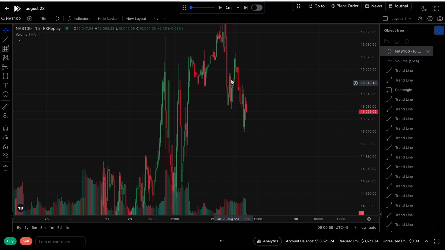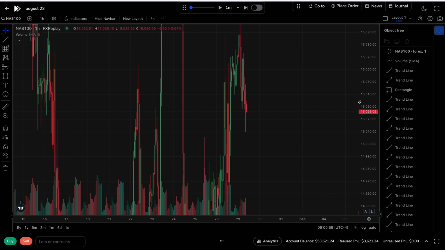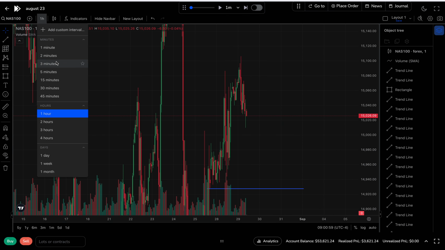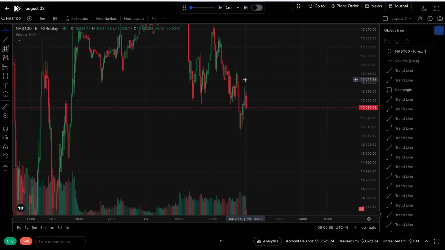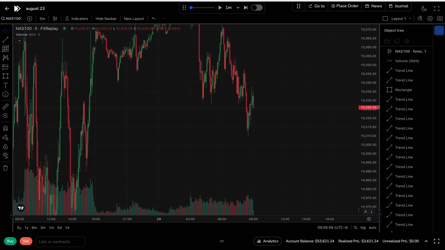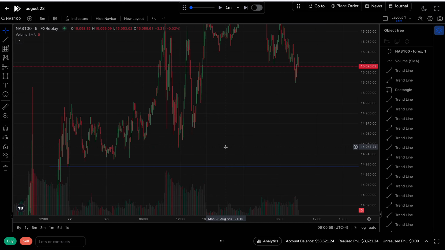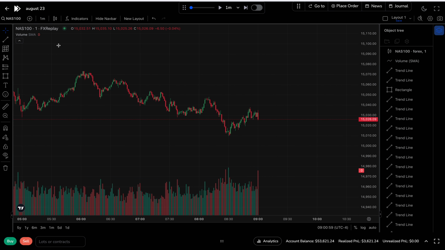So confluence is downtrend right here. We inverse this 15-minute gap right here. Okay, we respected this hourly. We're reacting off this 5-minute gap. We have all this sell side down here.